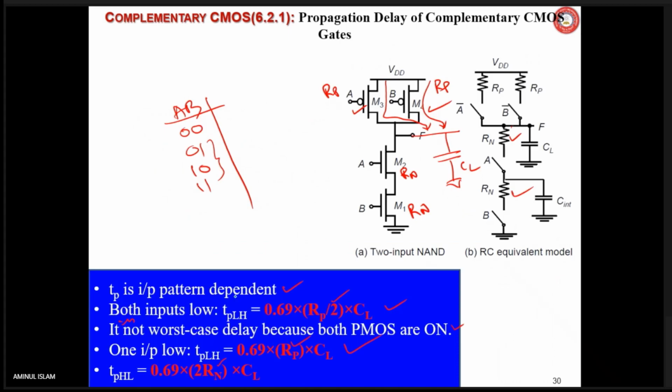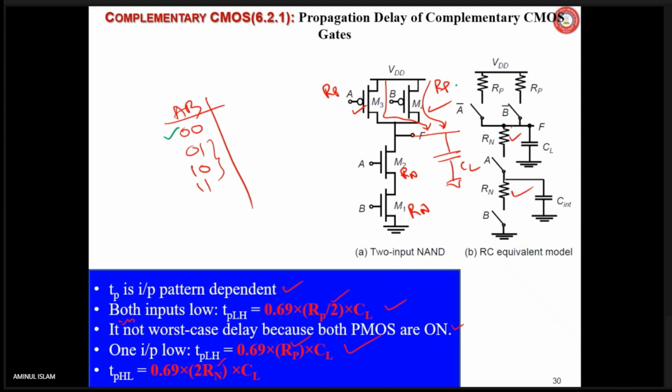TP, the propagation delay, is input pattern dependent. Do you understand this? Okay, both inputs low. If you have this pattern, TPLH equals 0.69 into Rp by 2 into CL, because the Rps are in parallel.